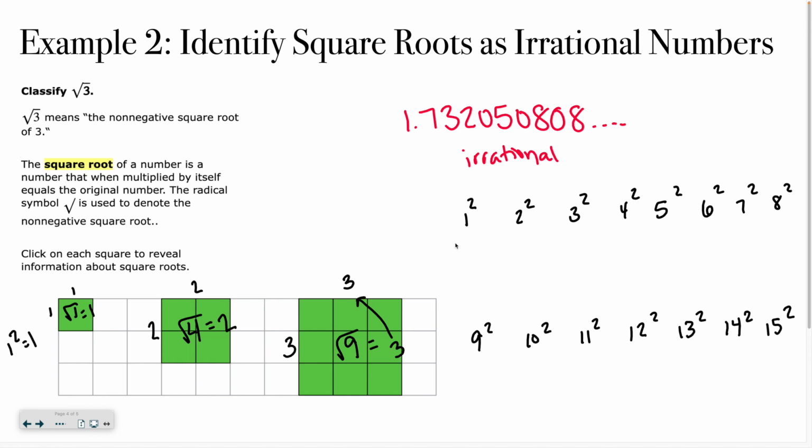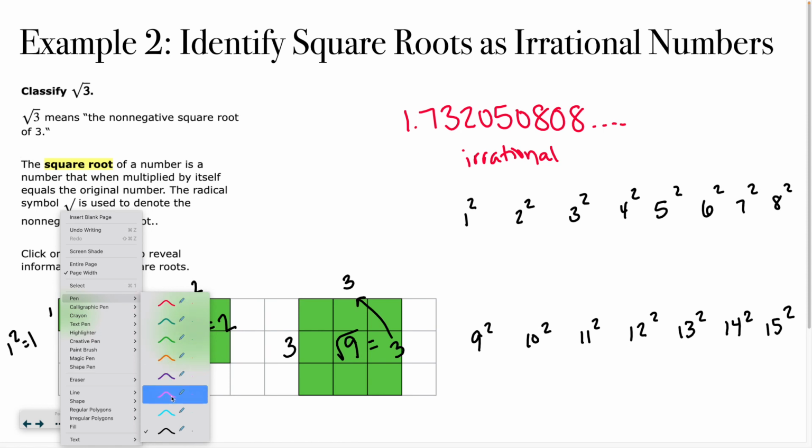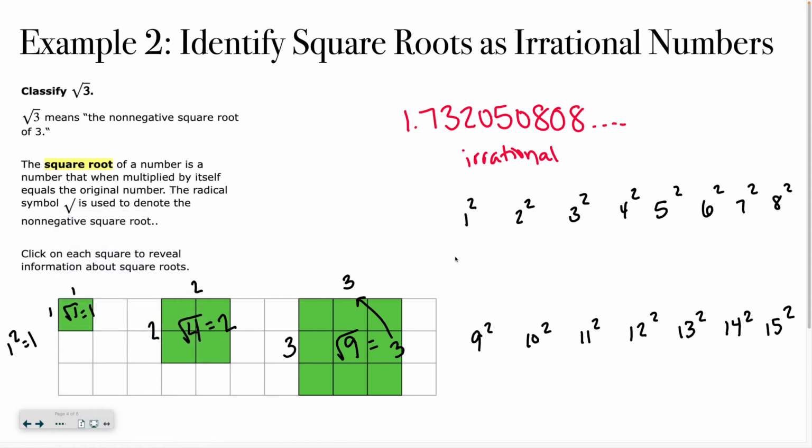Okay, so 1 squared, 1 times 1 is 1. I'll do this in a different color. So if you ever have the square root of 1, that's going to be rational.